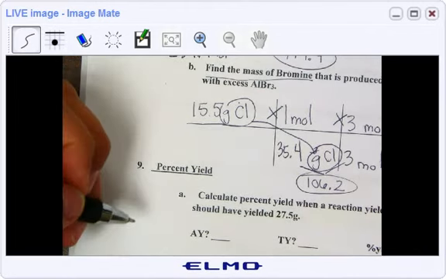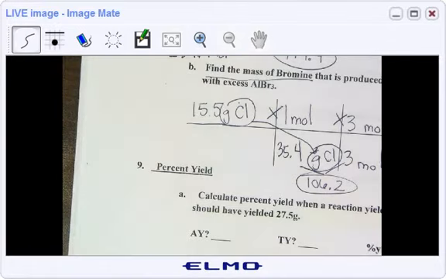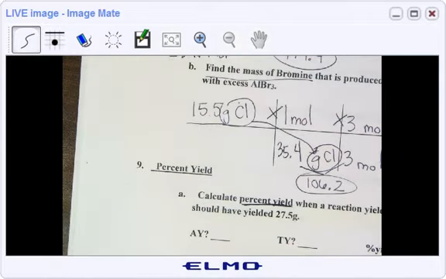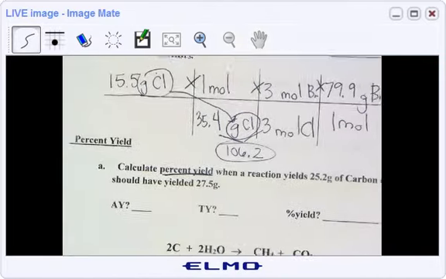Okay, for this you're going to divide your theoretical by your actual and multiply it by 100. Whenever anything says calculate a percent yield, please know that your answer will be in a percent.